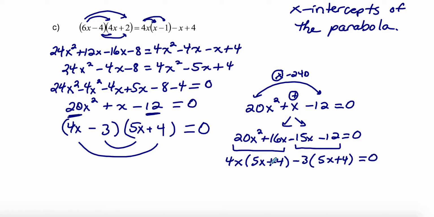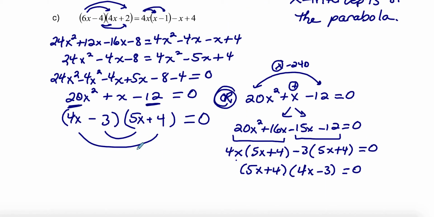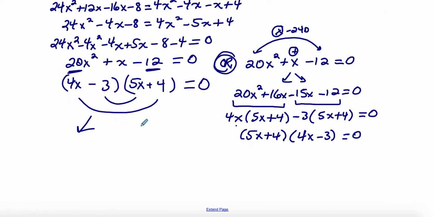So I take a common factor, I factor out the 5x plus 4, and whatever's left, 4x minus 3, goes in the other bracket. That was a lot more work. We did arrive at the same answer, even if our brackets are reversed, but we ended up with the same thing. What we would do now, though, since we're not just factoring, we're solving for x, is split these up into two mini equations.